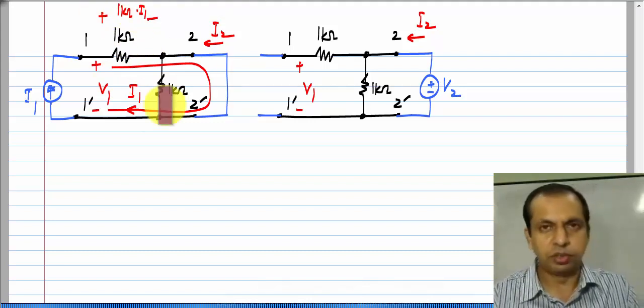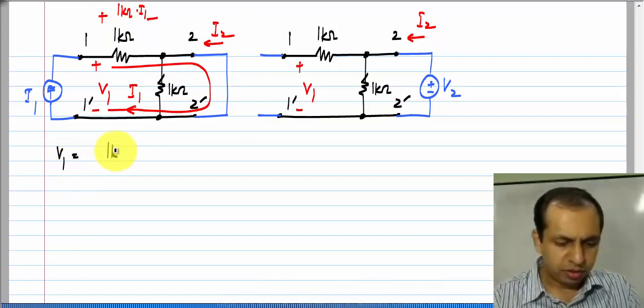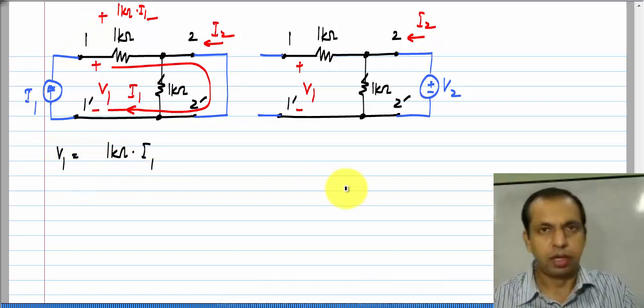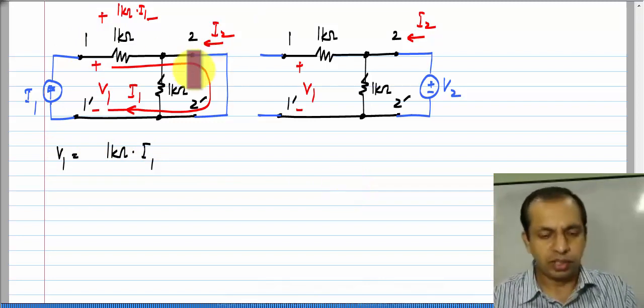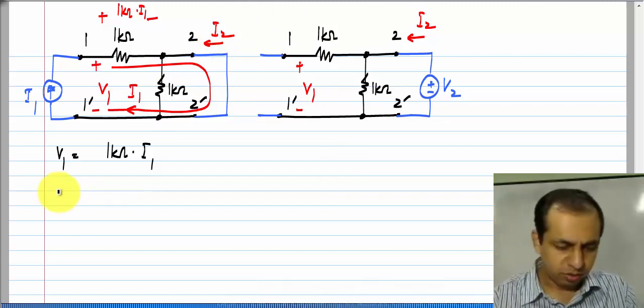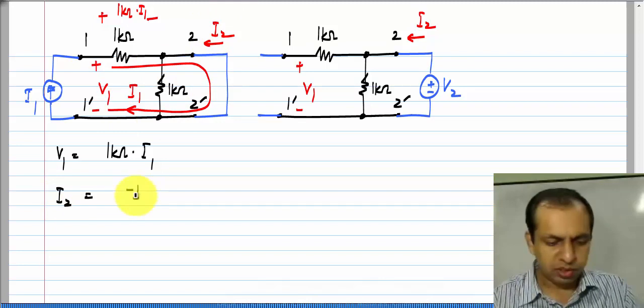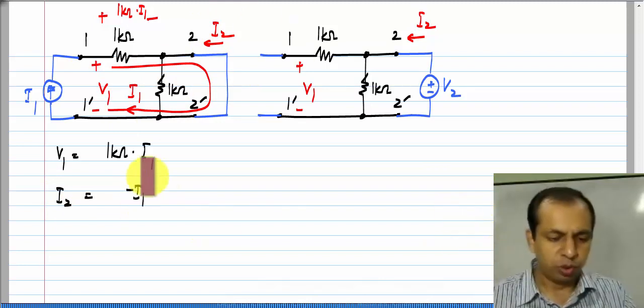So, after that we have a short circuit. So, V 1 is 1 kilo ohm times I 1, and I 2 you can see that it is simply the opposite of this current I 1. So, I 2 is minus I 1, and from these two what do we get?